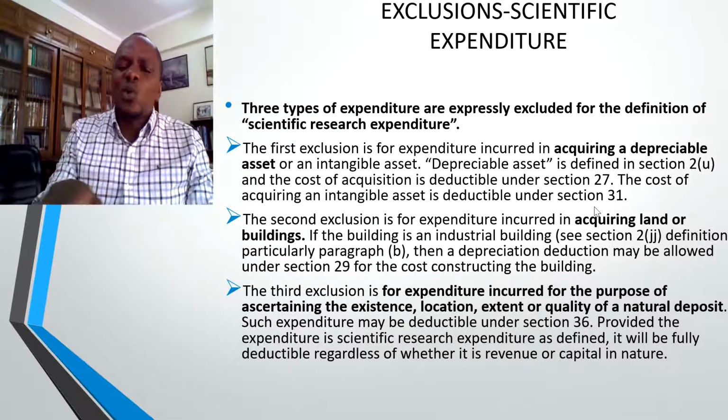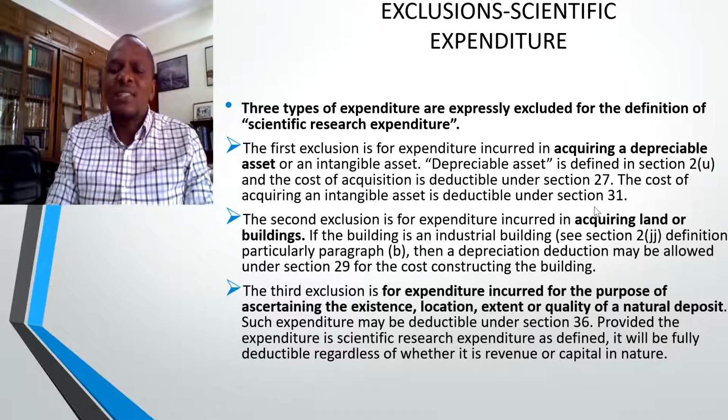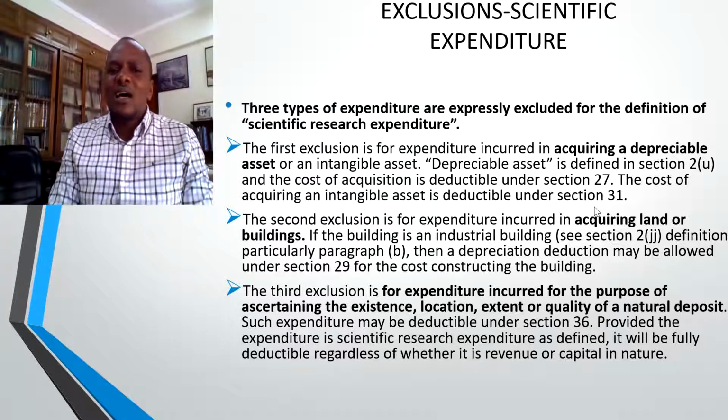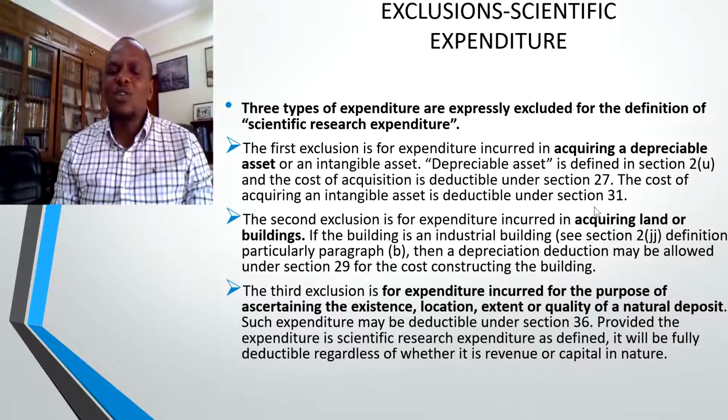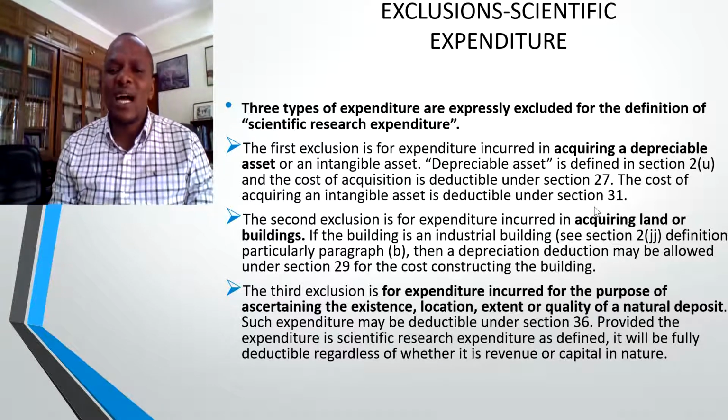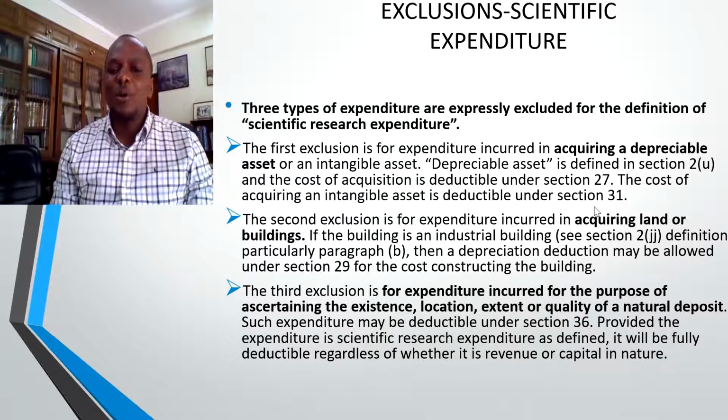And there are exclusions of scientific research expenditures. These are listed there, like acquiring a depreciable asset or an intangible asset. Such an expenditure cannot be allowed under this section. The second exclusion is an expenditure incurred when you are acquiring land or a building.